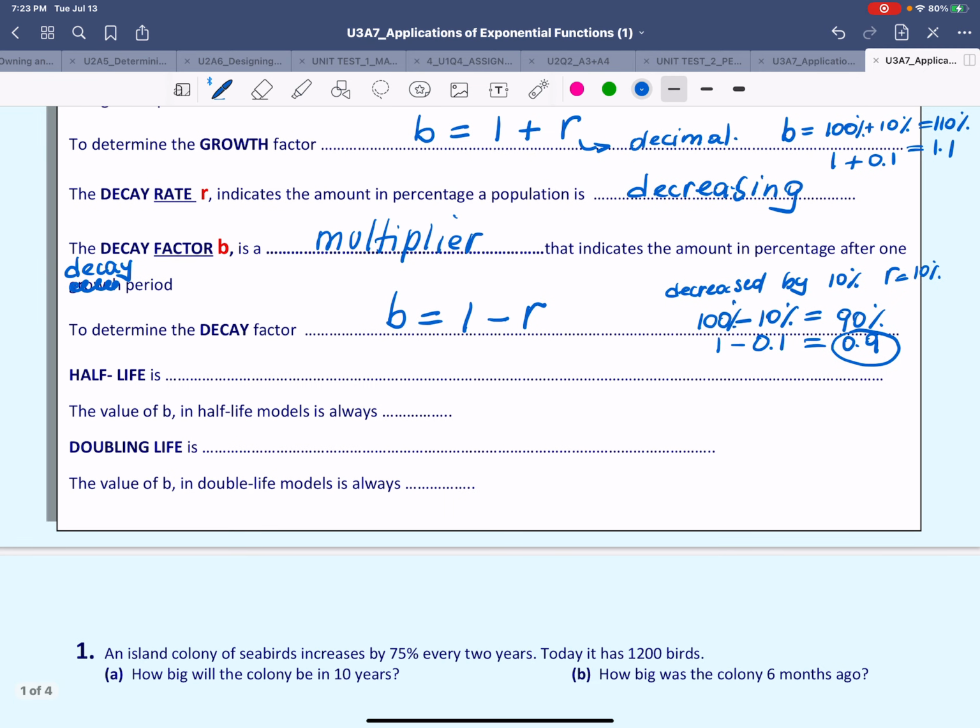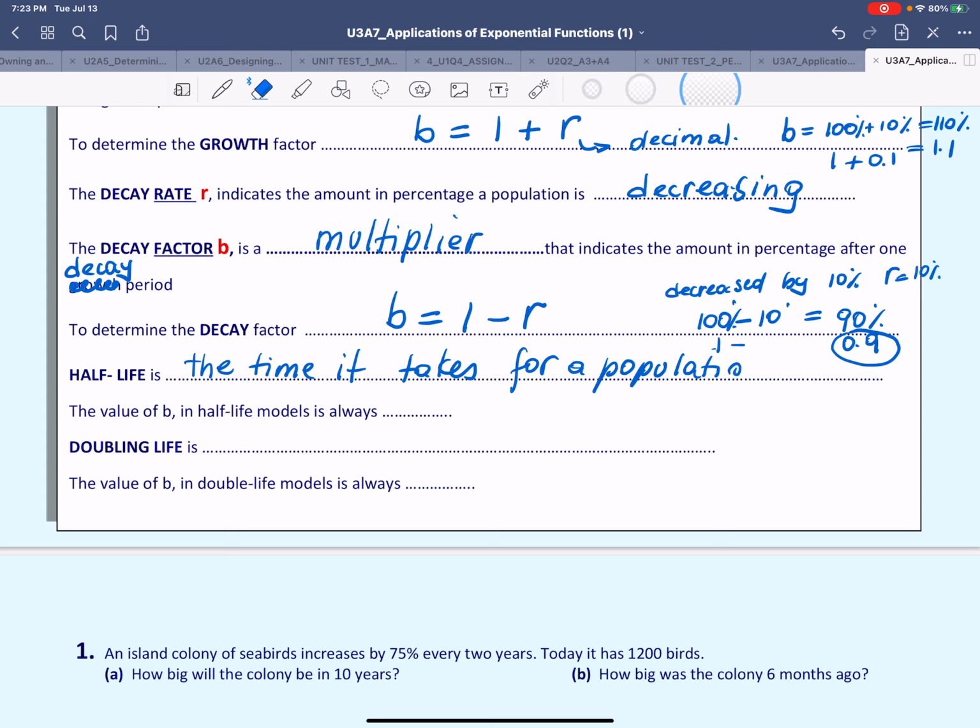Half-life is the time it takes for a population to become half of its initial, to decrease by 50%. So you can interpret it in multiple ways: to decrease by 50%, to become half of the initial.